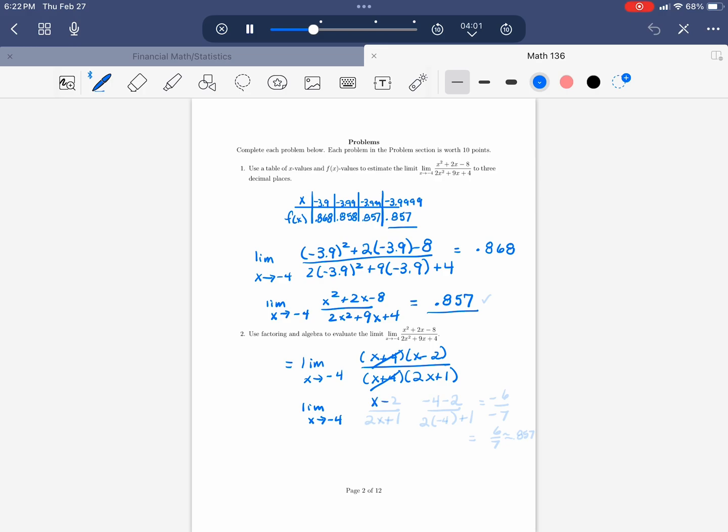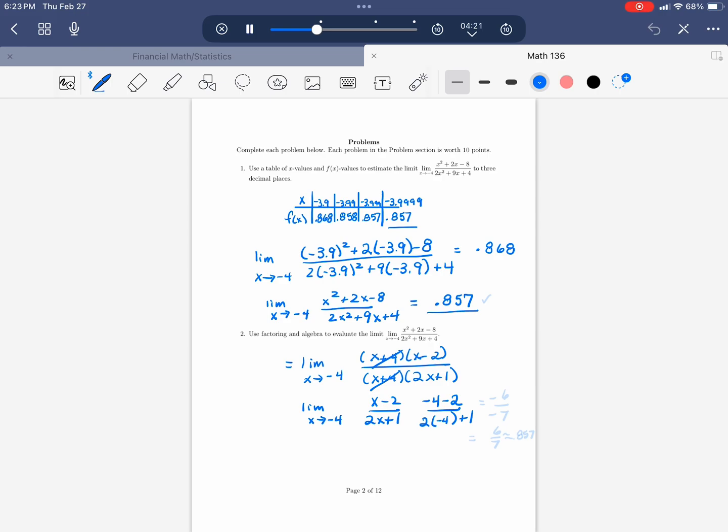x minus 2 over 2x plus 1. And now we can substitute -4 straight into the equation for the x, and we get -4 minus 2 over 2 times -4 plus 1.